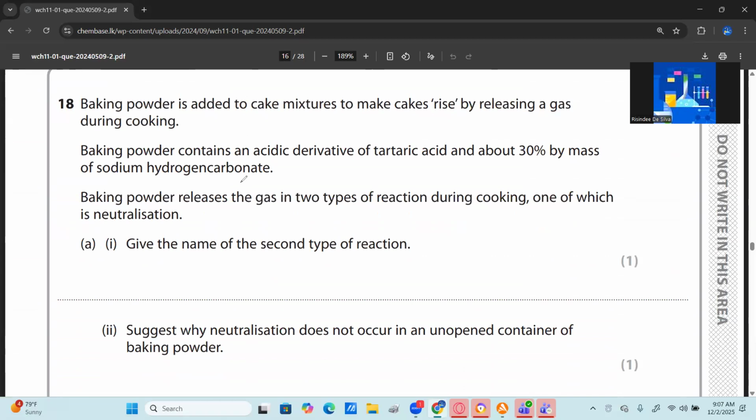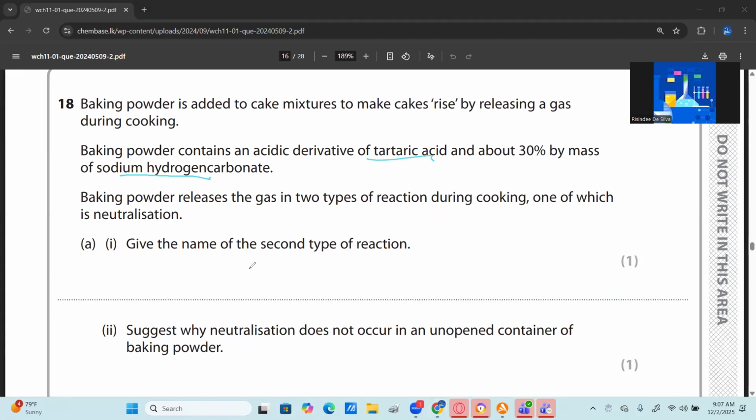Then the 18th one. Baking powder is added to cake mixtures to make cakes rise by releasing a gas, from acidic derivatives. Name two types of reaction during cooking, one of which is neutralization. Neutralization is the one where the sodium hydrogen carbonate reacts with the tartaric acid.